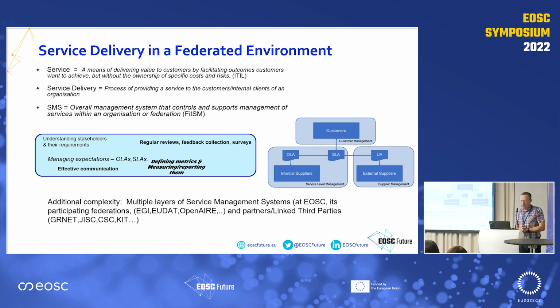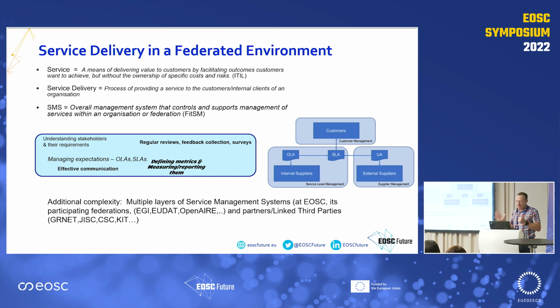So service delivery in a federated environment is quite a complicated beast. If you have one organization delivering services yourselves, it's a lot easier to control that service delivery. However, if we're including services delivered by many different partners, as is the case with EOSC, it becomes a lot more complicated.